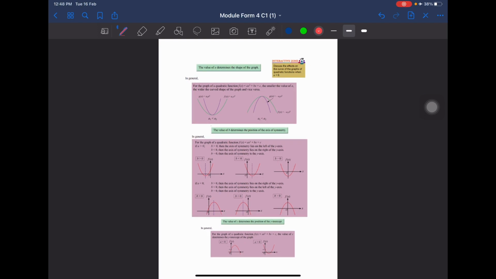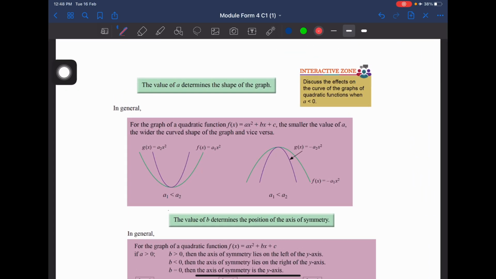Okay. So next, we want to learn about what is the factor that affecting our shape of quadratic graph. The first one, the values of a determine the shape of the graph.